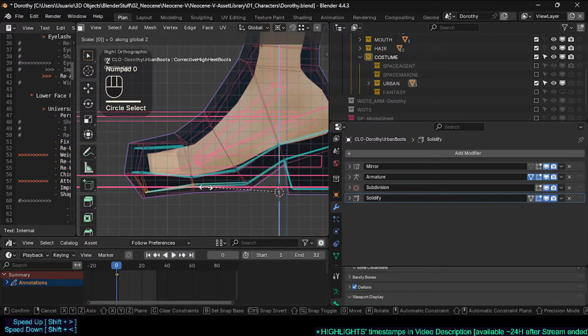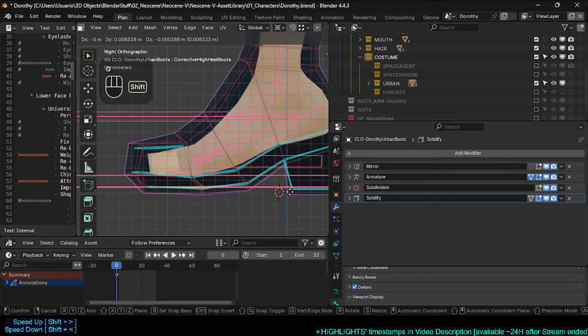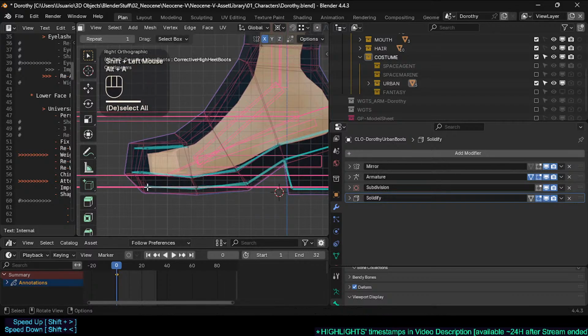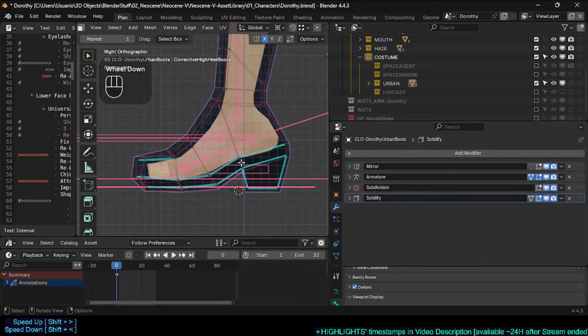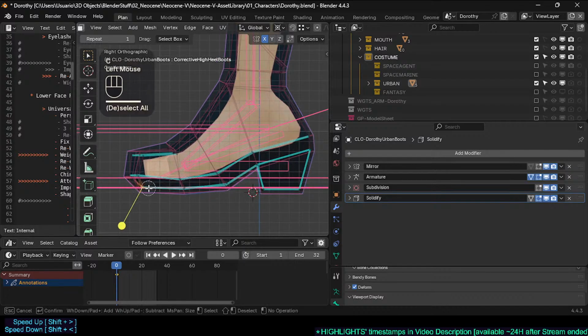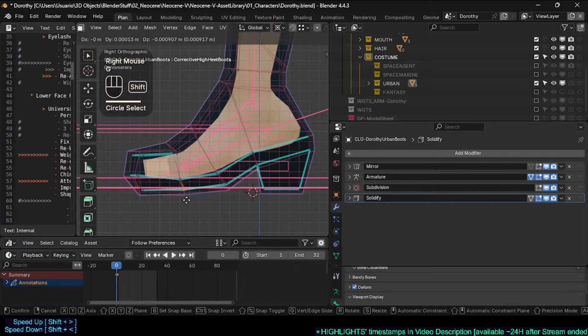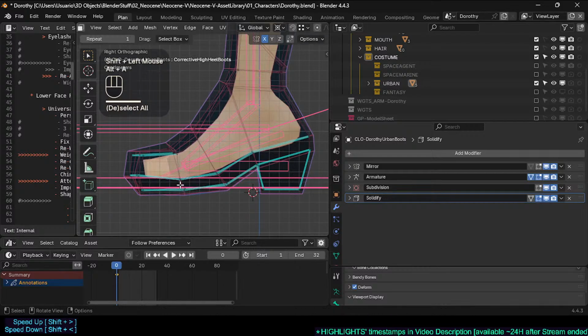So it won't respond to what we see. It will respond to the, yeah, so it will go nuts here. It doesn't respect the shape key arrangement that we see in real time, but still we can get some fair alignment here.